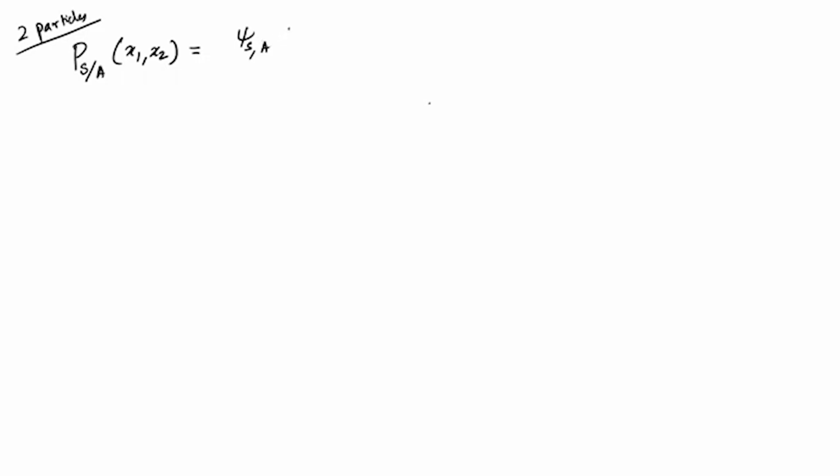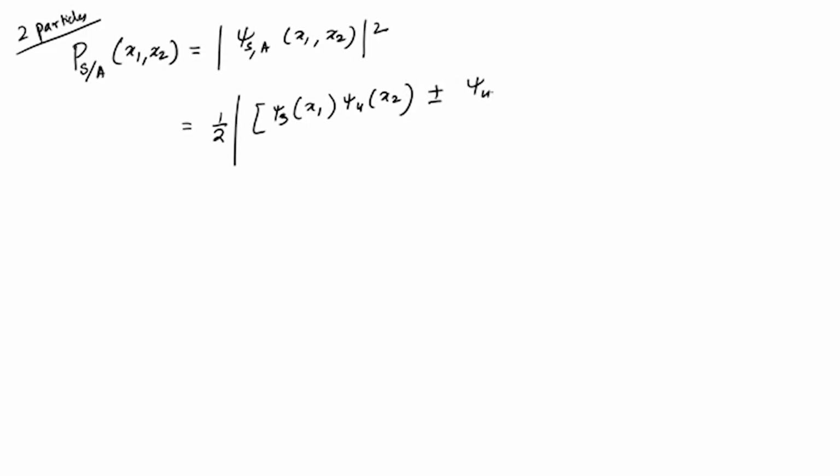So, the mod square of psi S/A of x1 and x2 is nothing but equal to half of mod square of psi 3 x1, psi 4 x2, we go back to our original problem of n3 and n4, plus or minus psi 4 x1, psi 3 x2, and the mod square. Now, the plus sign is for the symmetric, and the negative sign is for the antisymmetric.